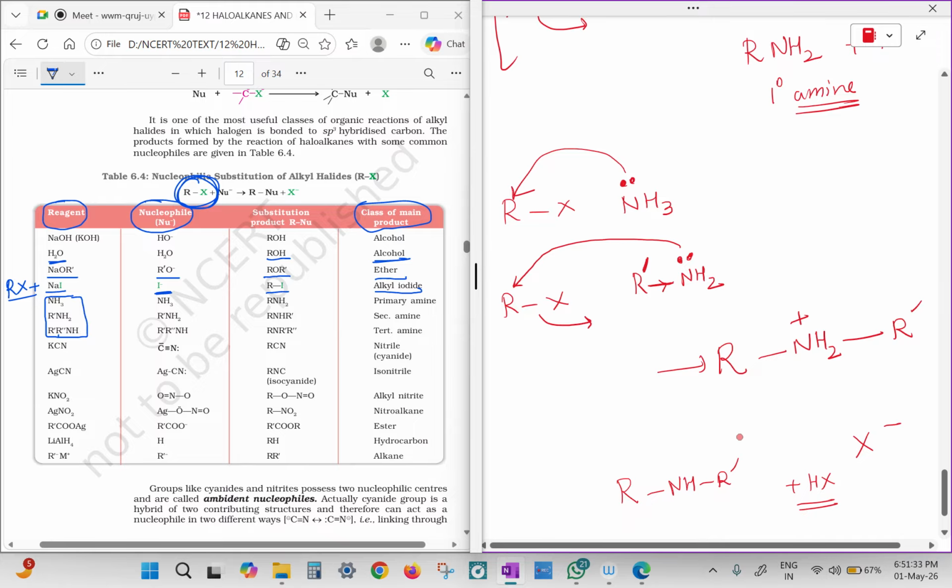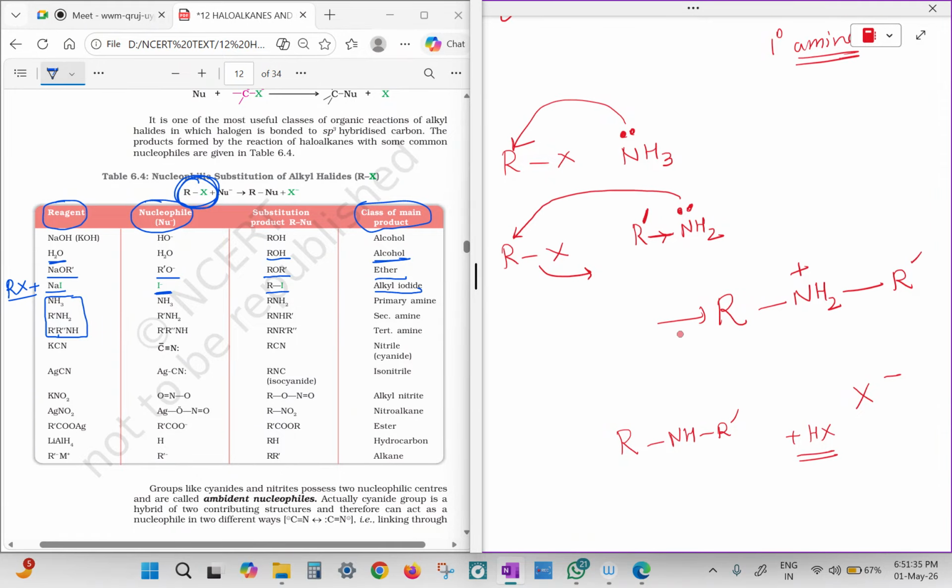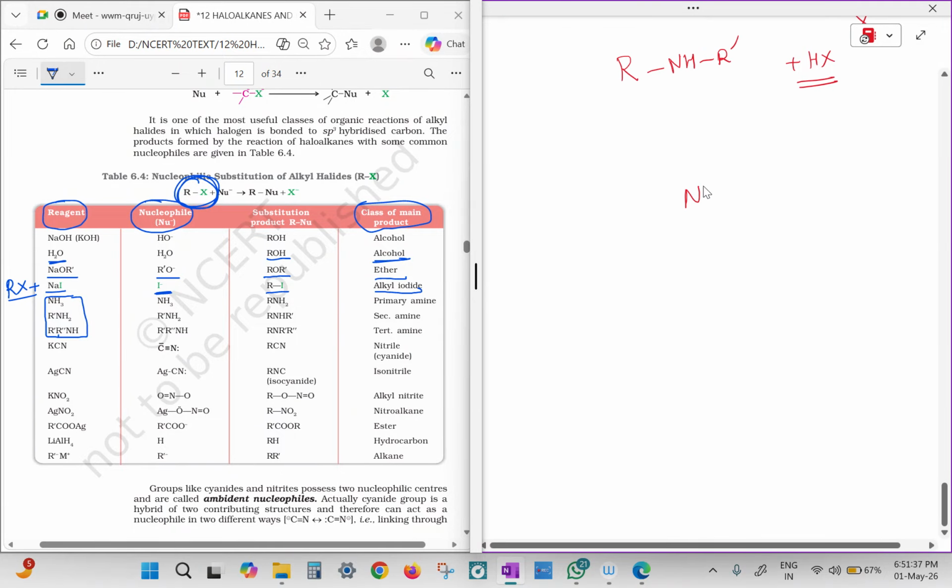Now, if ammonia was electron rich and could act as a nucleophile, and RNH2 was better because of the electron donating nature of R, don't you think RNHR will be even better because there are 2 electron donating groups?